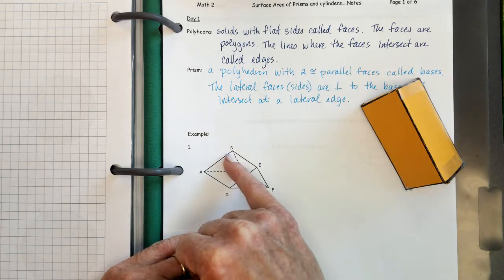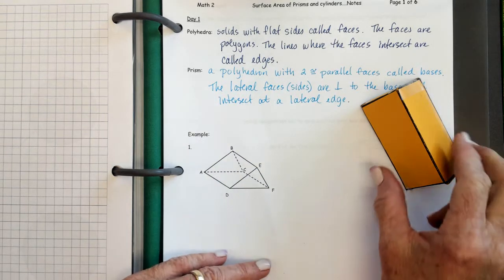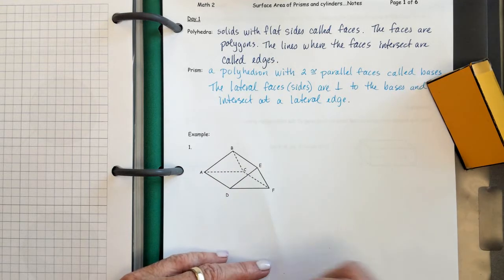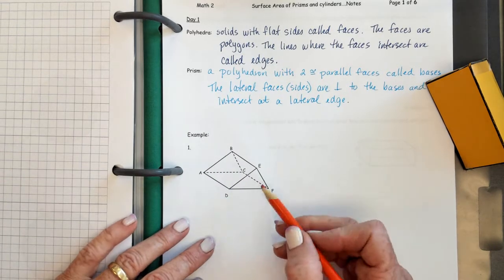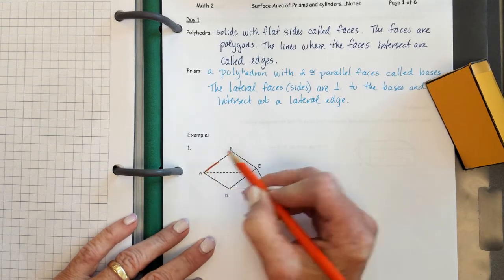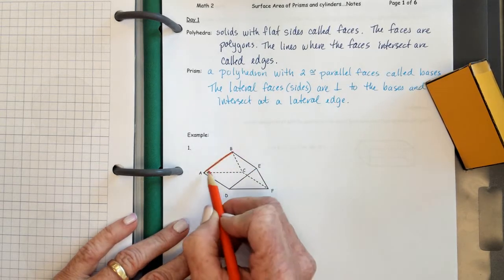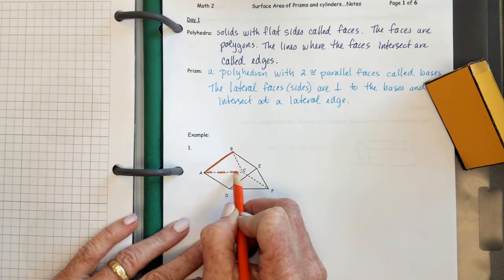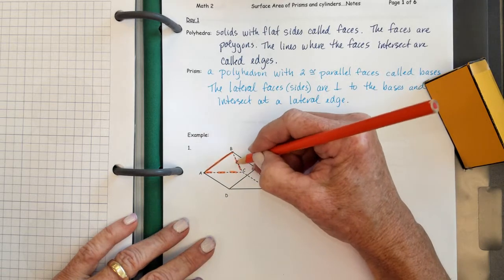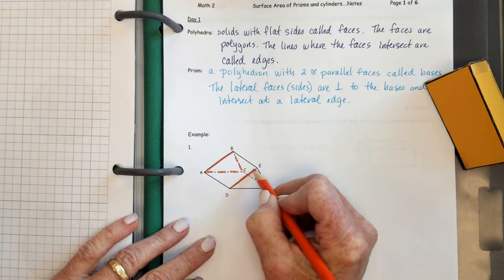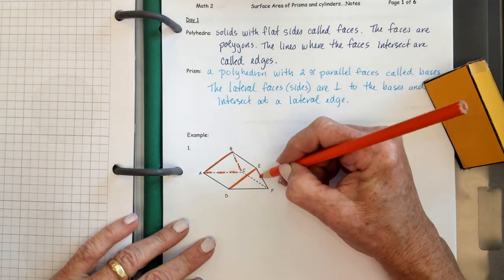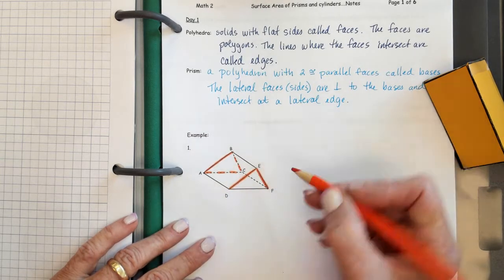The dotted lines are things that are hidden from view. Solid lines are the sections you can see. One of the things that I like to do when I do these diagrams is I like to find the bases and trace them pretty darkly with a color. If you don't have any color pencils close by, pause this video and go get some.